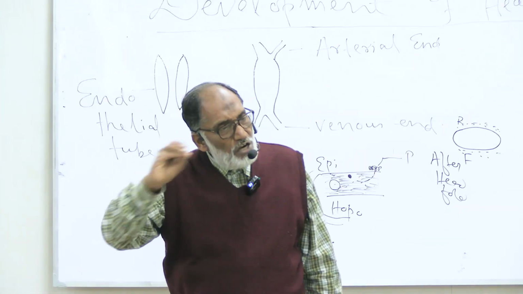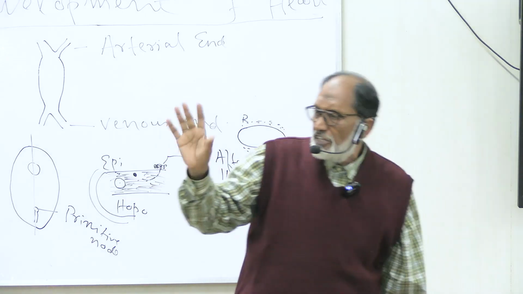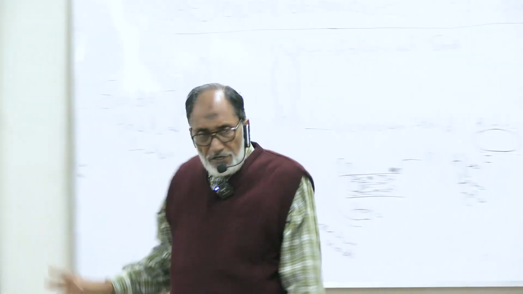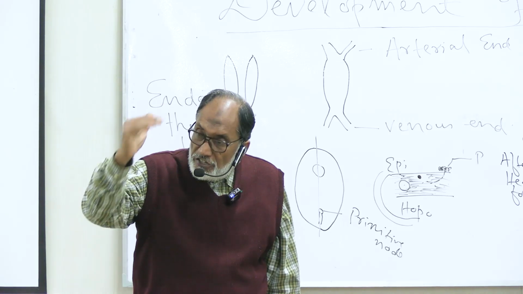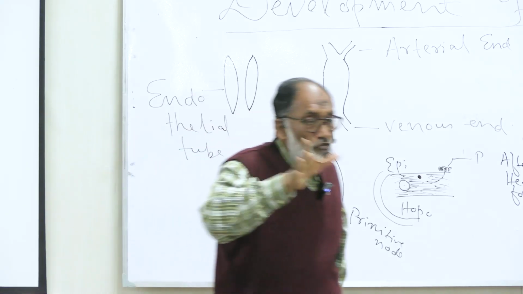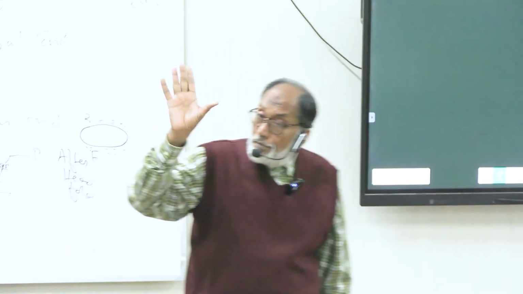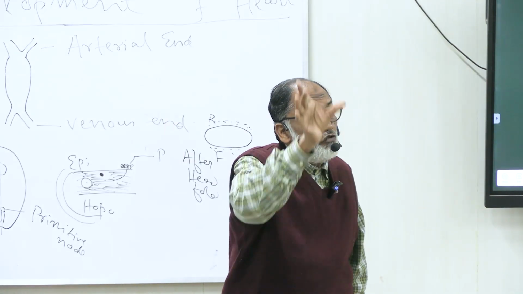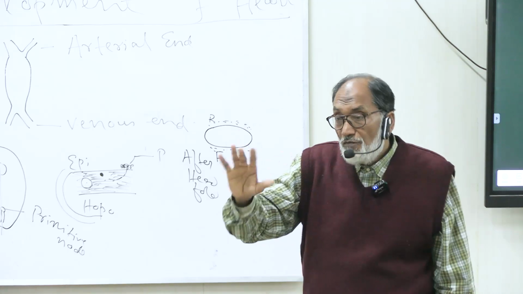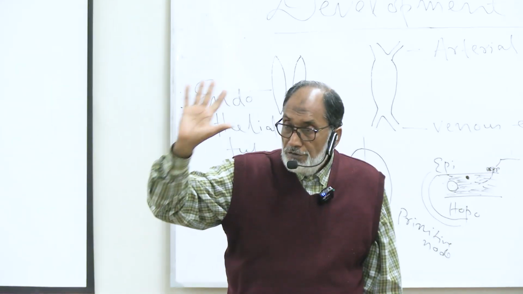Almost all the chambers of the heart will develop from the primary heart field, and the rest from the second heart field. Second heart field will develop part of the right atrium, part of the right ventricle and the outflow tract of both ventricles, and most will develop from the primary heart field.